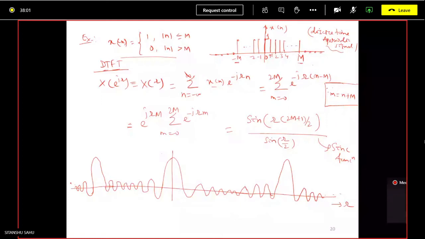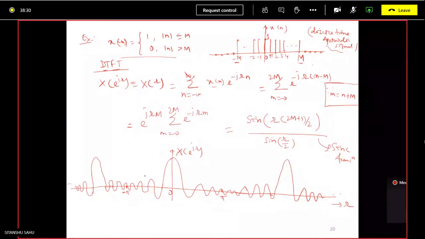Okay, if you look a little bit more into the nature of the sinc function, this is X of j omega, the DTFT, the Fourier transform. This will be 0, and this one will be minus pi.